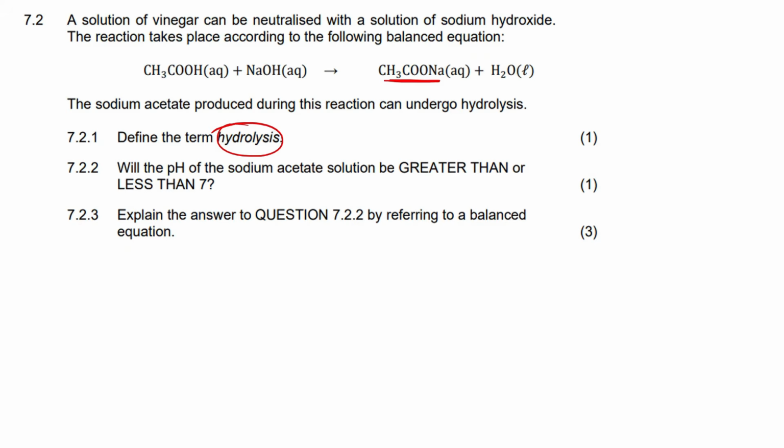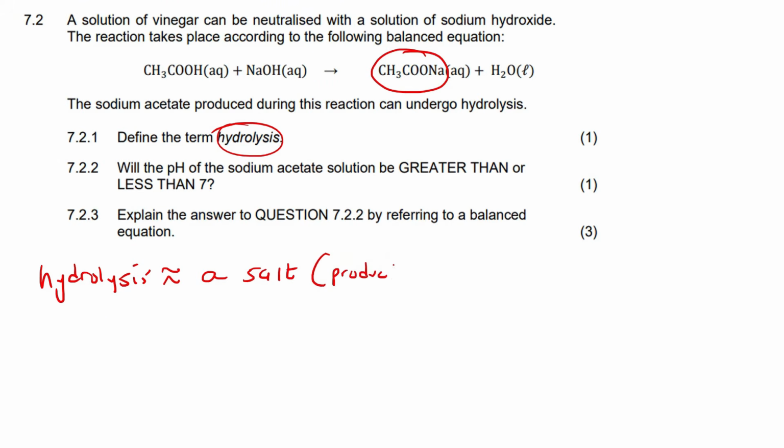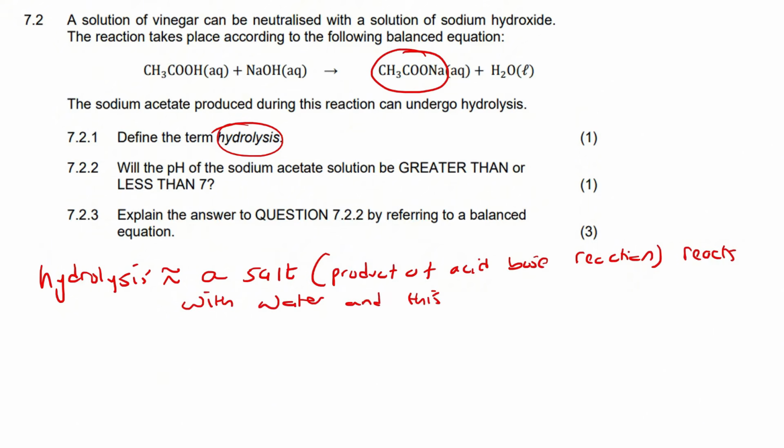So hydrolysis is that thing that happens when you take a salt. Now a salt is the product of an acid-base reaction, and then that salt reacts with water and it changes the pH. So this is not the proper definition. In summary, a salt, which is the product of an acid-base reaction, reacts with water, and this causes the pH to change.